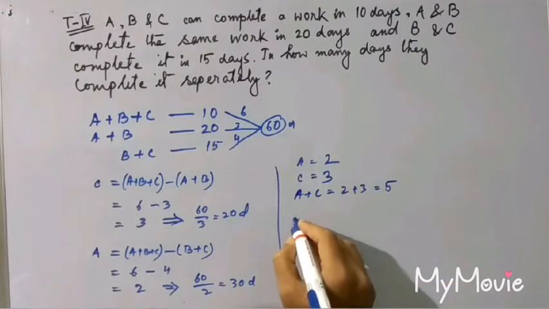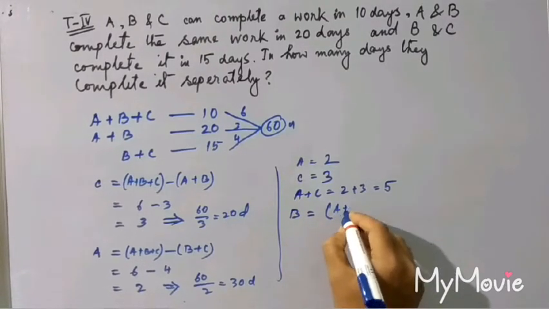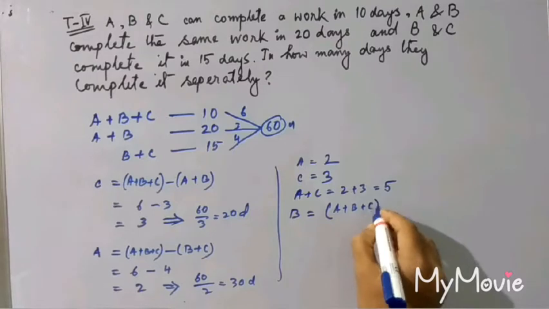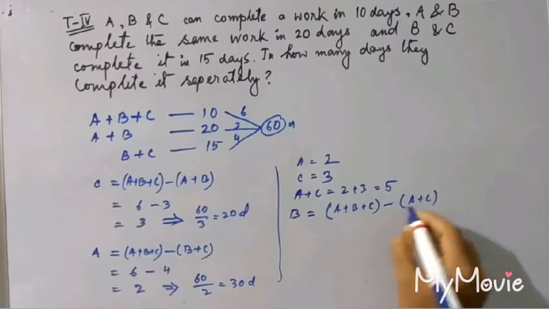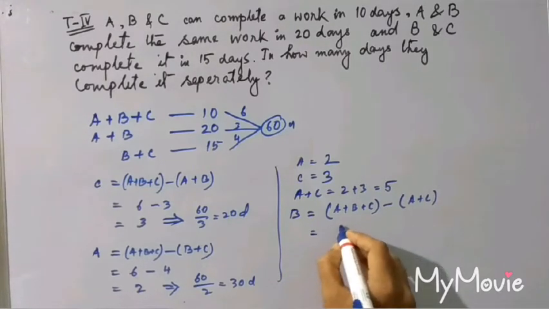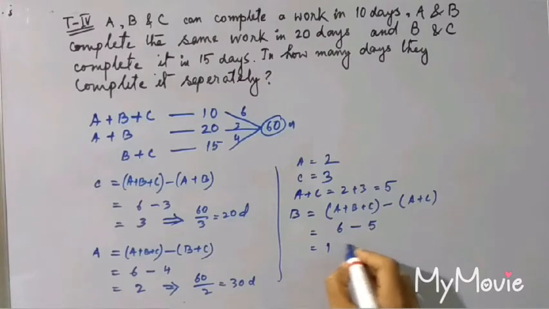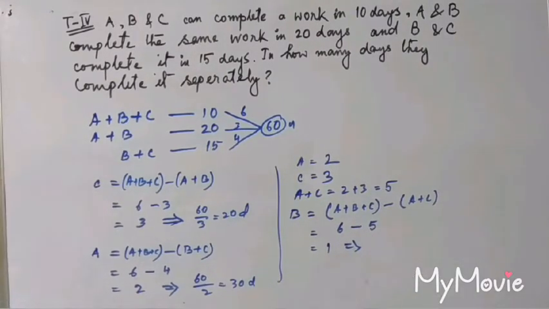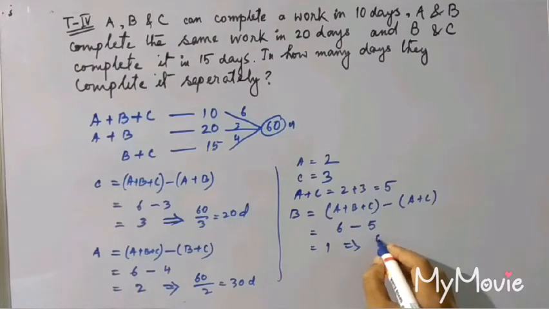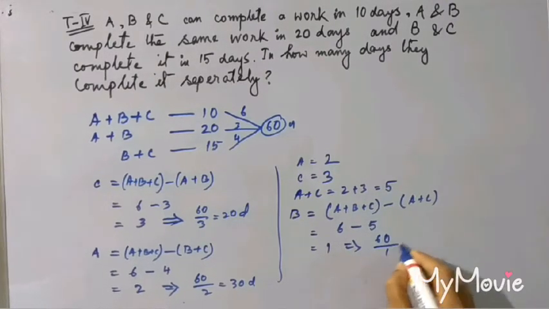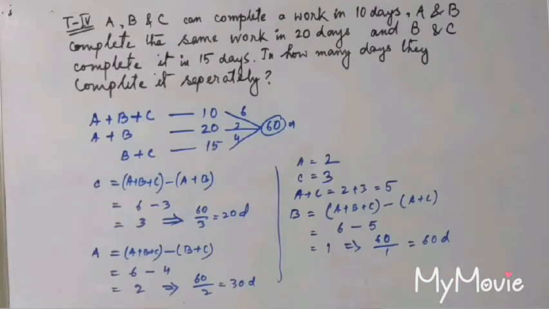Now when the question comes for B, it is A, B and C's unit minus A and C's unit of work, which gives 6 minus 5 is equal to 1. That gives the total number of days for completion of the work for B, which is 60 divided by 1, that is equal to 60 days. Here is the answer.